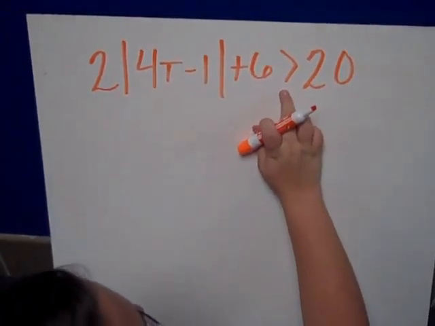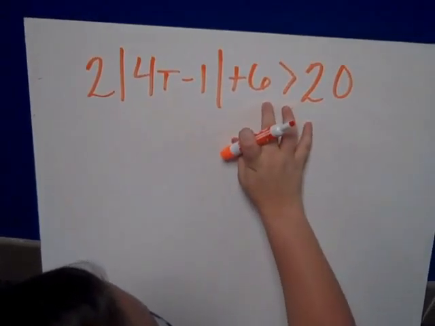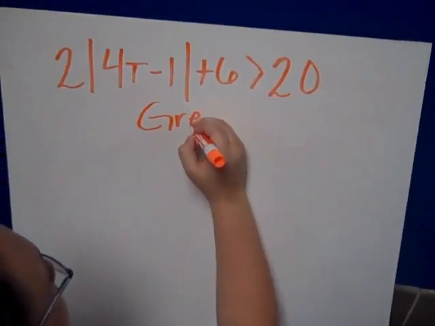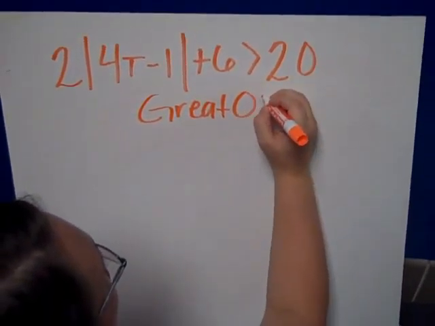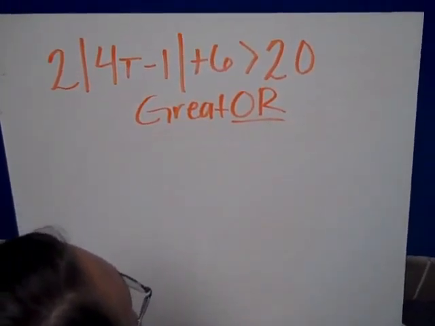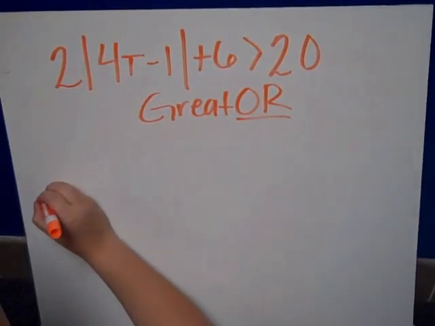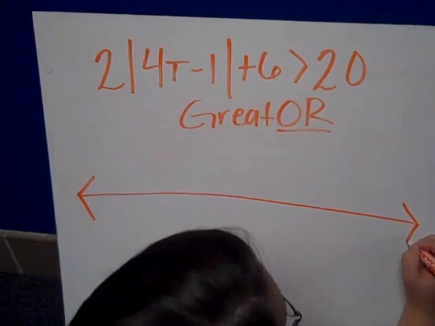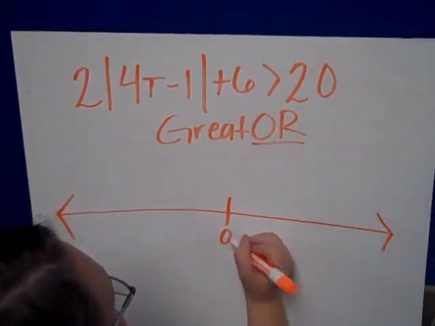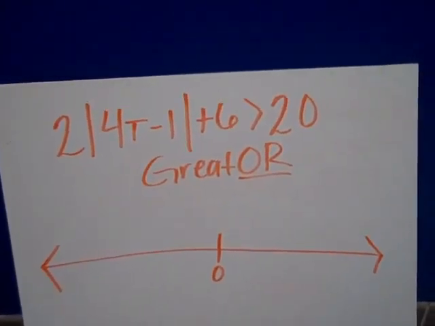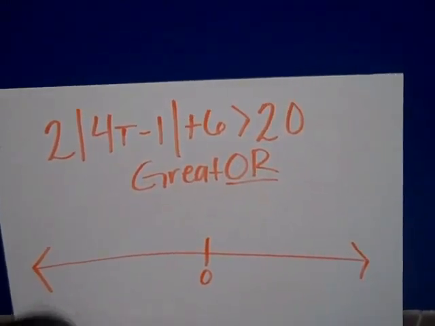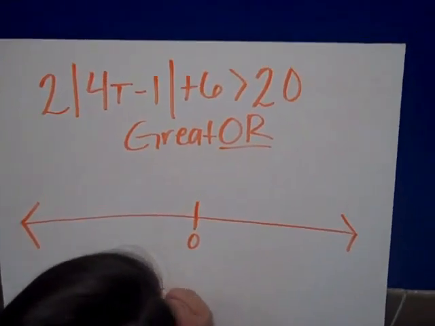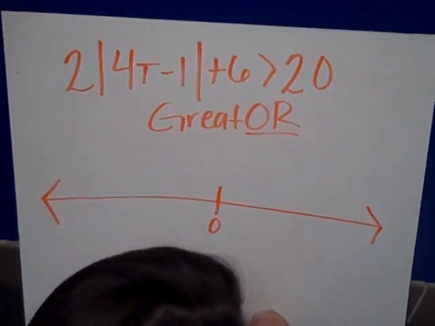Because this is all greater than 20, you have a greater-than, or, problem. So, looking back, we have t is greater than 1.25, or t is less than negative 3.75.